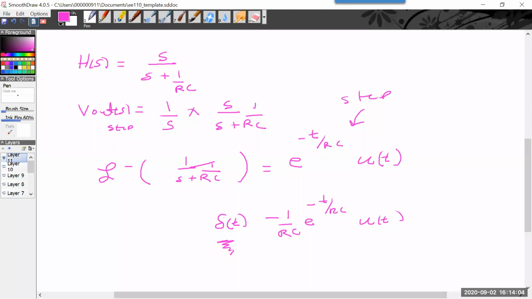Okay, what did I mean by an edge? Right here, it's an edge. The edge has a finite slope. Here, I'm trying to draw an edge with infinite slope. But rather than integrate the whole thing, I'm actually taking the derivative, and wherever that happens in time is where the edge was in time.